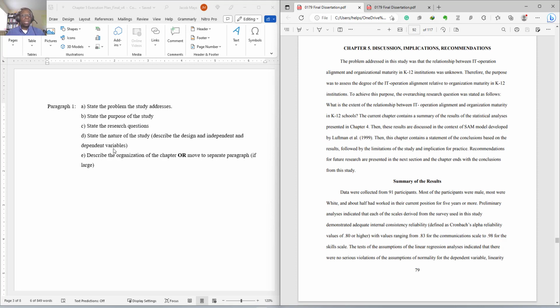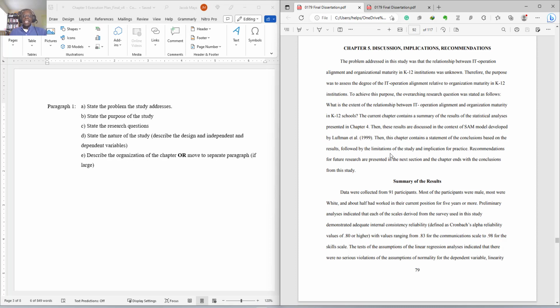So that would be, this was a quantitative correlational study that contained 157 teachers or something like that, and the independent variables were blah blah blah blah. Okay, you can do that, or you could actually do that in the next section, which is the summary of results. All right, but again, if you want length, then you can do it here, but if not, you can just do it in the summary of results.